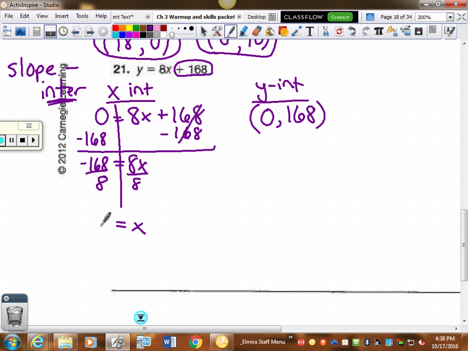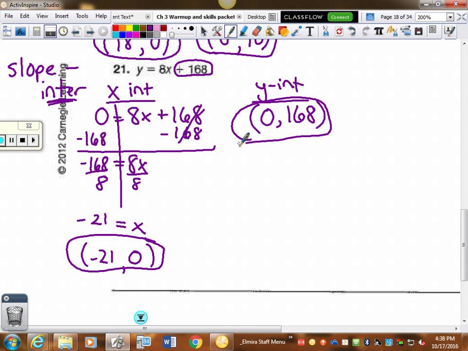X equals negative 21. Okay, so there's my other intercept. So it's a little more work for the x-intercept, but no work for the y-intercept.